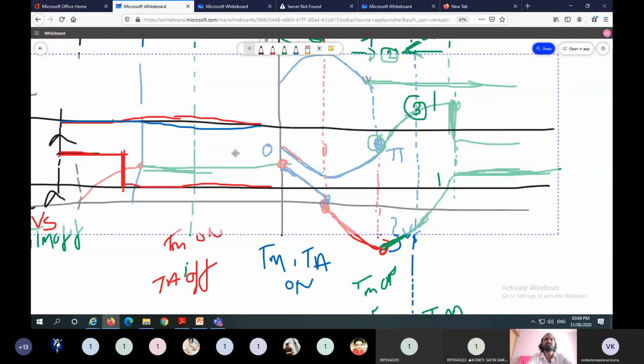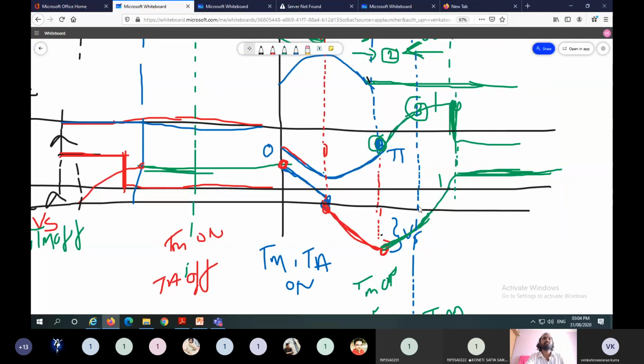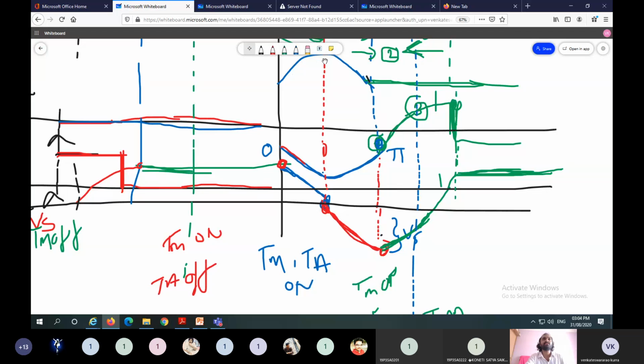Here is the gate current. This one is the auxiliary thyristor current. Here it will be turned off at this point. This voltage is reverse voltage.